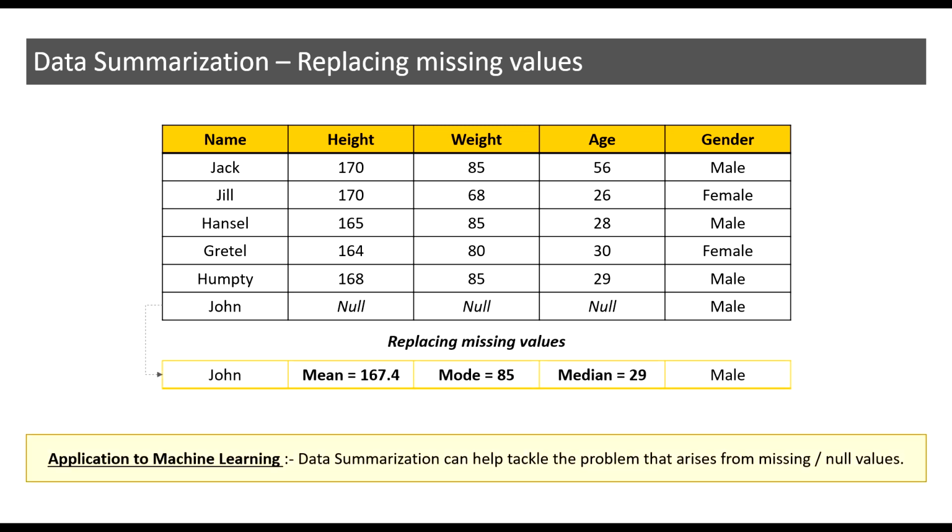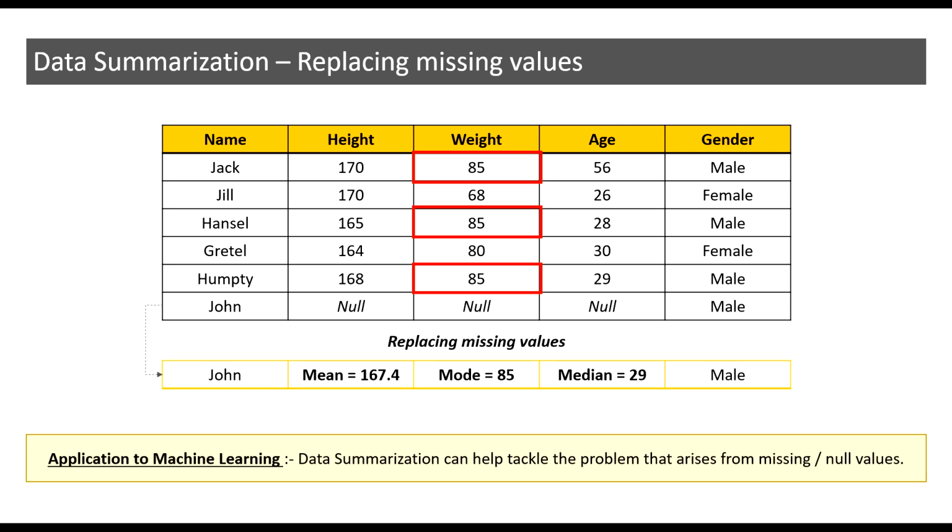Given the nature of the data, we replace John's height with the average height value of 167.4 centimeters, as the height data does not seem to have any outliers as such. Now, we replace John's weight with the mode value of 85 because we can observe that 85 occurs the maximum number of times.